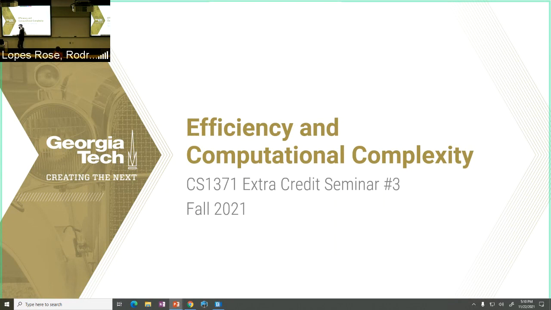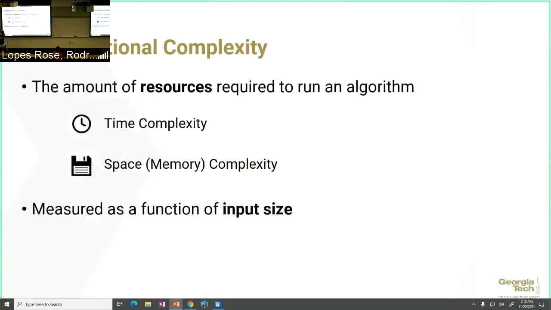So first, let's start talking about what computational complexity actually is and how we define it. Computational complexity is defined as the amount of resources that are required to run an algorithm. So it's how much energy, really, you have to put in order to run this algorithm. Now, there are 2 types of computational complexity: time complexity and space complexity.